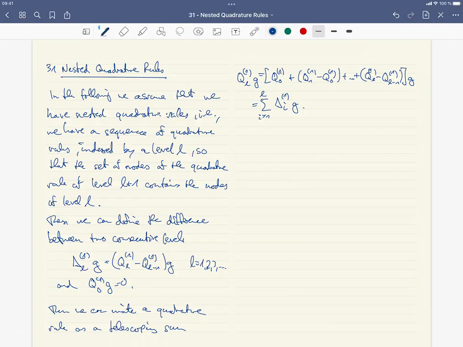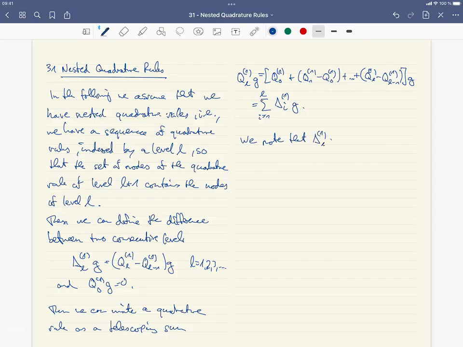And why do we need nested quadrature rules? Because the difference only makes sense then, because it then looks like a quadrature rule. It reuses the points of level L minus 1 on level L, so I'm not gaining additional points, and it looks like a quadrature rule on level L. So we note, it's a linear combination of function values.